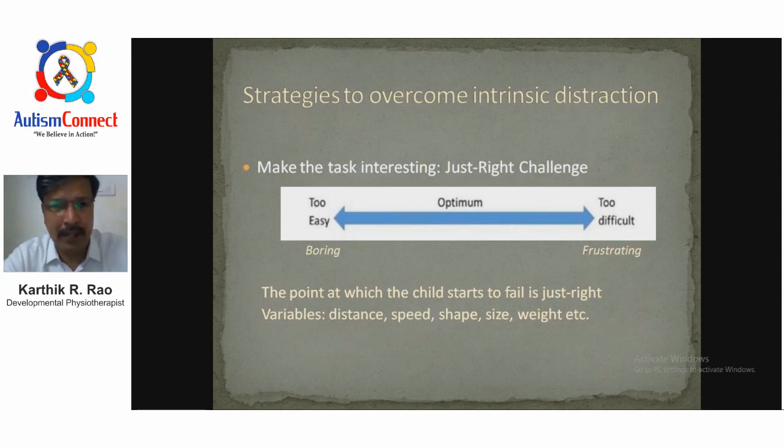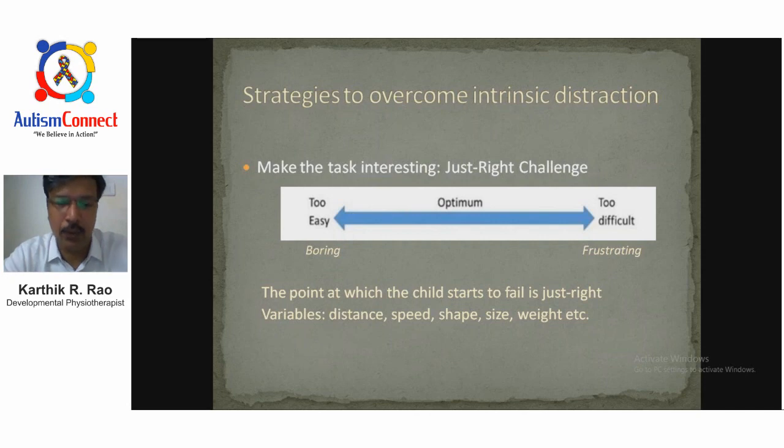And now after practice, after keeping it there for some time, he has mastered 4 feet, able to throw at a target at a distance of 4 feet. Now you will find that 4 feet has become easy for the child. Now you have to increase the distance to 4.5 or 5 feet. So the just right point is not a fixed point. It has to be a dynamic point.